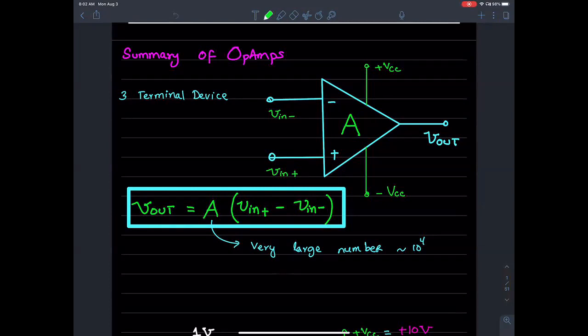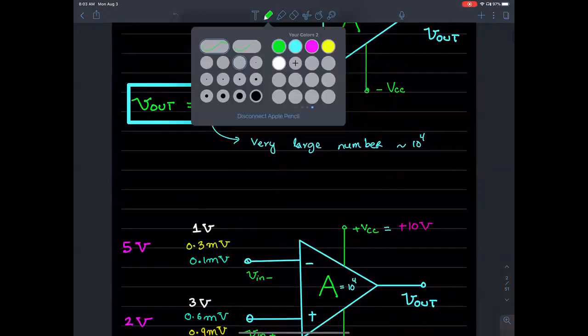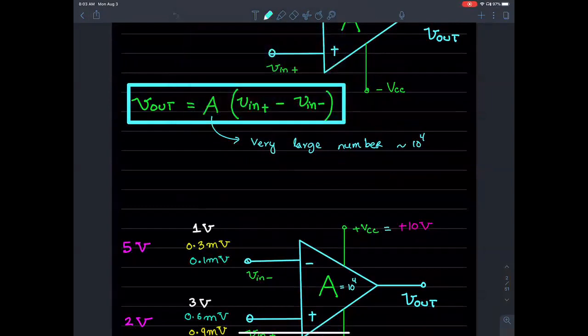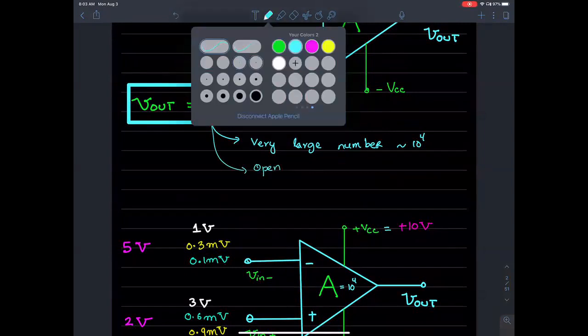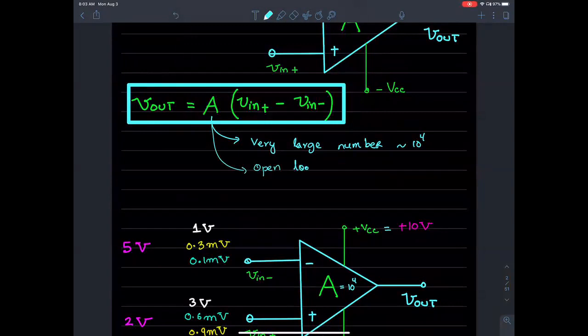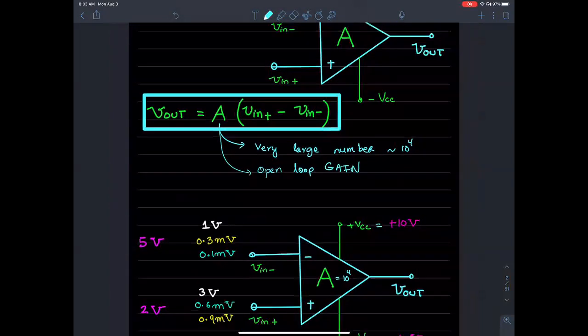The difference between these two terminals is multiplied by what is known as open loop gain A. This A is supposed to be a really, really large number, and it's called open loop gain.